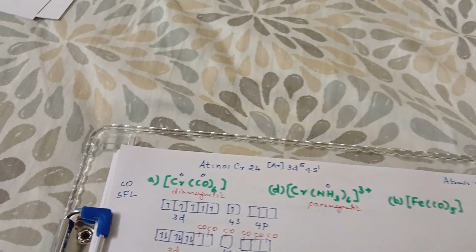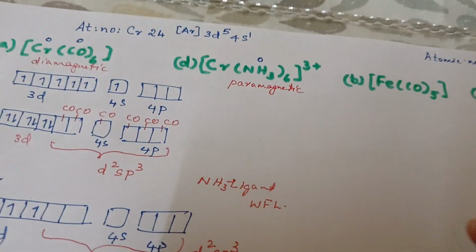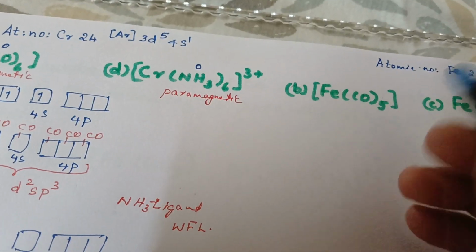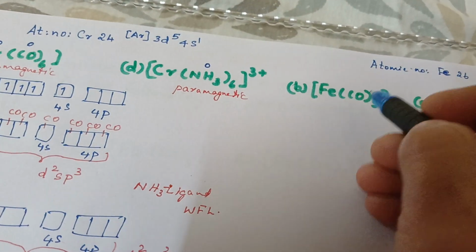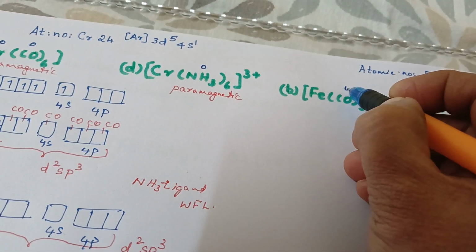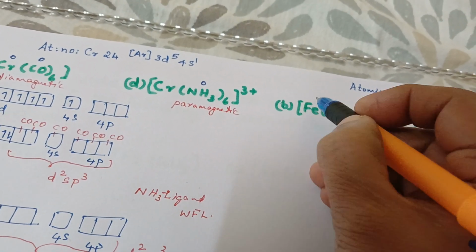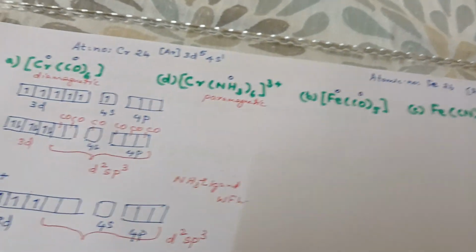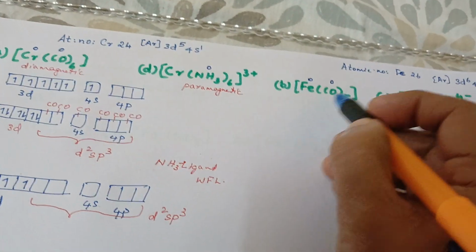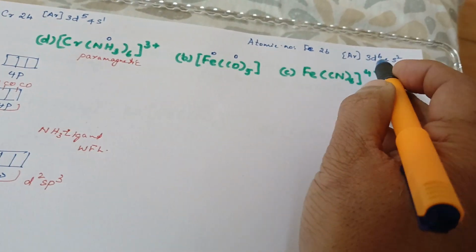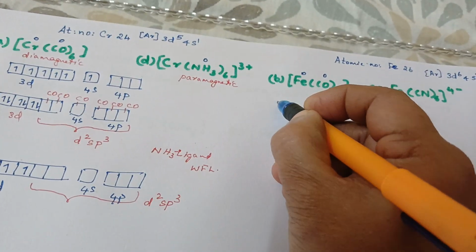Okay, next complex is Fe(CO)5. Let us find the oxidation number of Fe in this carbonyl complex. CO is zero oxidation state, no overall charge, so Fe is also in its zero oxidation state. That means argon 3d6 4s2 is the electronic configuration.